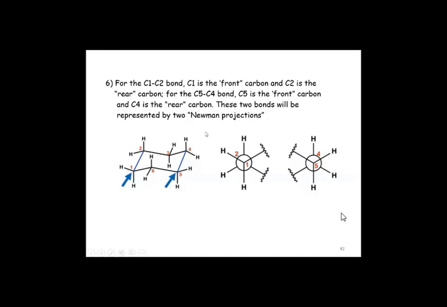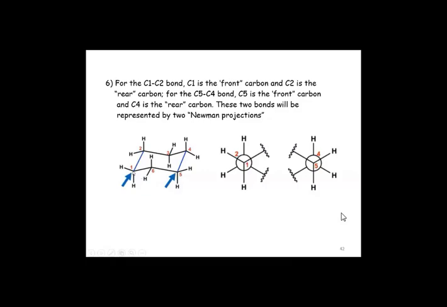Next remain the axial and equatorial hydrogen atoms. As we have already discussed, they lie in perfectly staggered orientation. Hydrogen attached to carbon number 1 is shown by this.